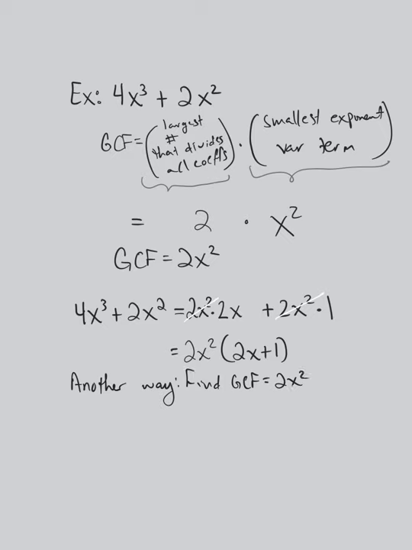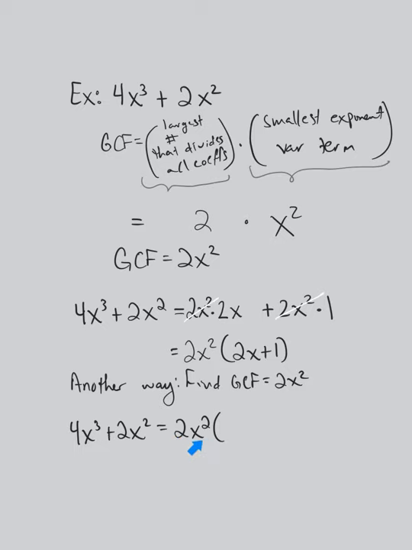Now what you can do is you take your original problem, 4x to the third plus 2x squared, and then write the GCF out front with the parentheses. This alternate method is just, to me, a cleaner way to figure out what gets left inside the parentheses. But it's very important to write the GCF out in front with your parentheses.